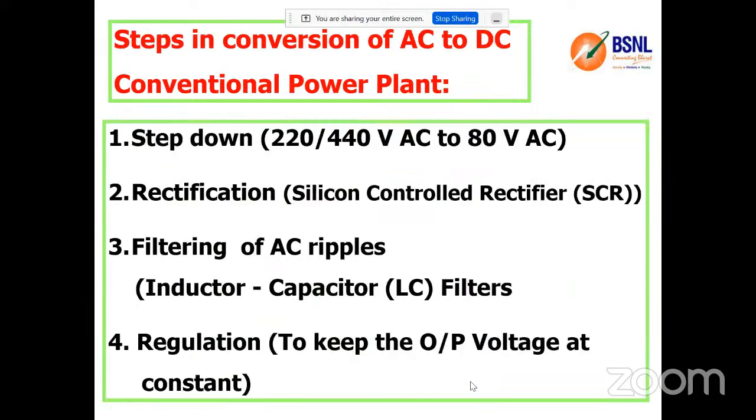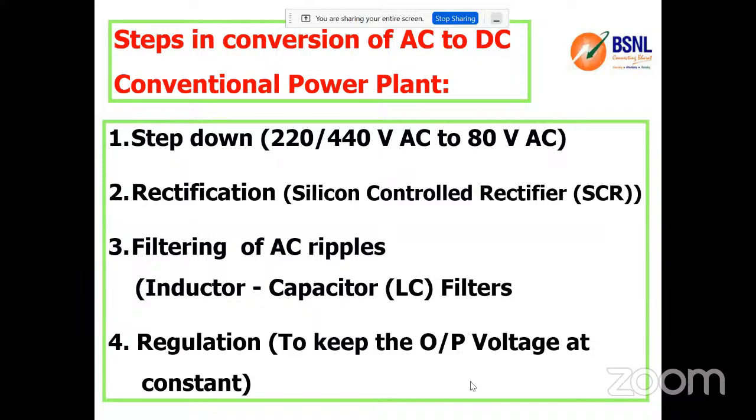Very normally, in the conversion of AC to DC, we step down the voltages of AC. With the help of a transformer, we step down the AC from a higher voltage to a lower voltage. Then, with the help of rectifiers, either uncontrolled rectifiers like diodes, or controlled rectifiers like SCR, silicon controlled rectifiers, we convert a bidirectional current into a unidirectional current.